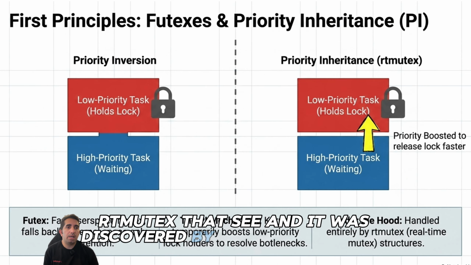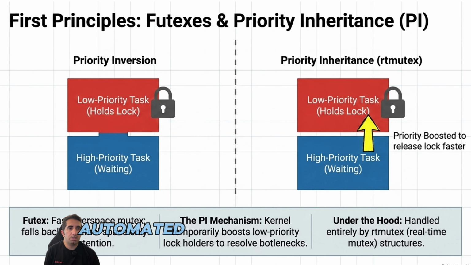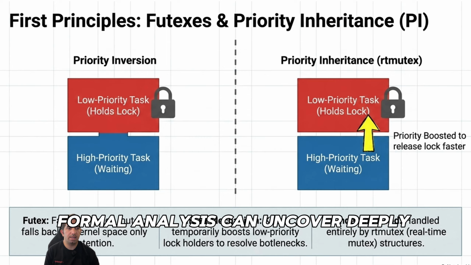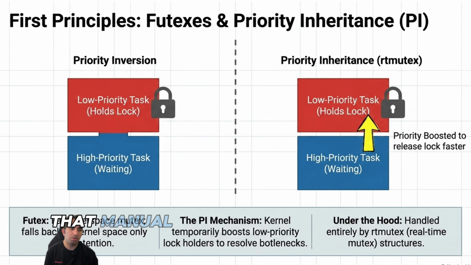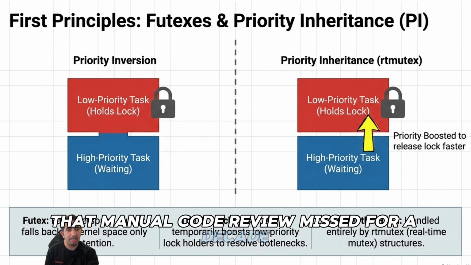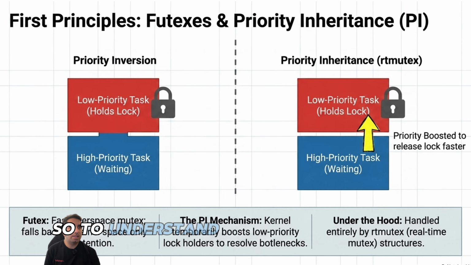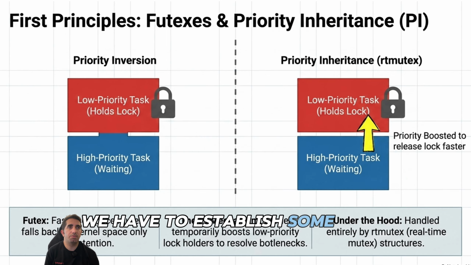It was discovered by a Nebula Security automated kernel analysis tool named Vega. It's a testament to how automated formal analysis can uncover deeply nested logic bugs that manual code reviewers missed for a decade.